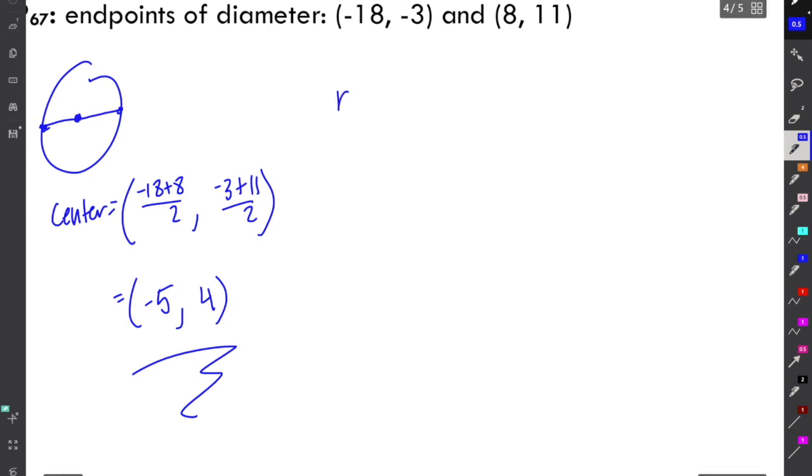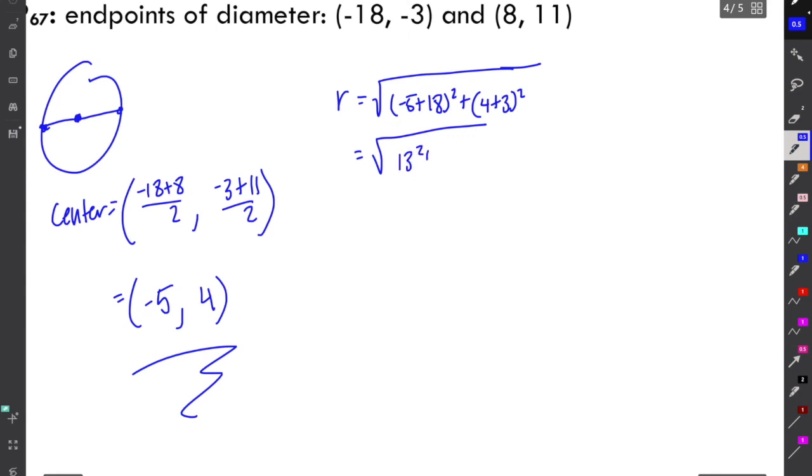So, r is equal to negative 5 minus negative 18, so it's plus 18. Square it plus, do the same for the y's. 4 minus a negative 3, so it's 4 plus 3. So that's equal to the square root of 13 squared plus 7 squared.